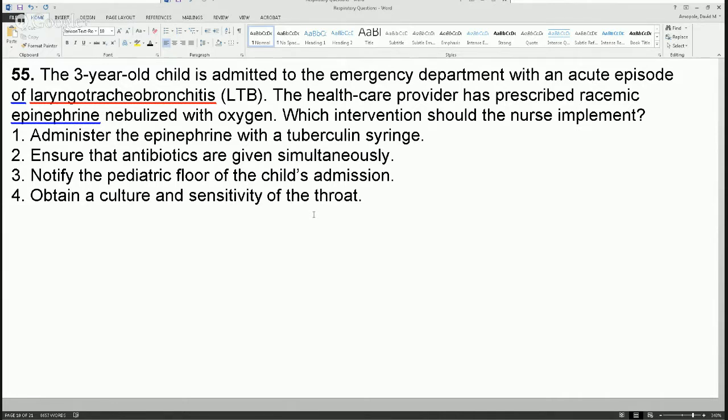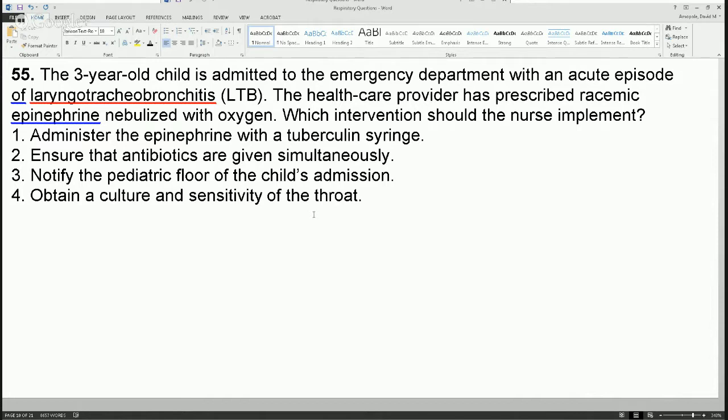Pediatric floor of their admission. Prescribed with oxygen. Acute episode, laryngotracheal. Which intervention should the nurse implement? I would obtain a culture and sensitivity of the throat. It is not that. Epinephrine has nothing to do with that. Well, I know epinephrine doesn't have anything to do with it.